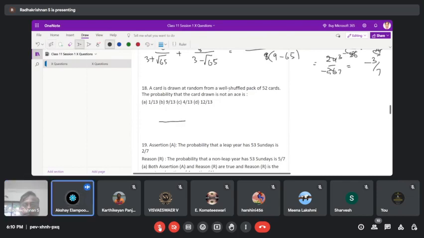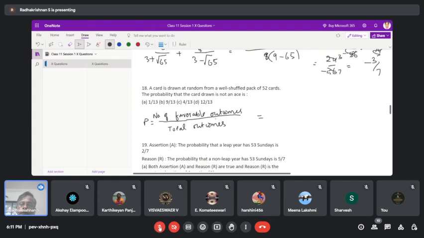Probability of an event equals the number of times the event will occur by the total number of events. Correct. Number of favorable outcomes, that is the term we use. When many outcomes are possible, some of them will be favorable and some will not. So the probability formula is number of favorable outcomes by total outcomes.